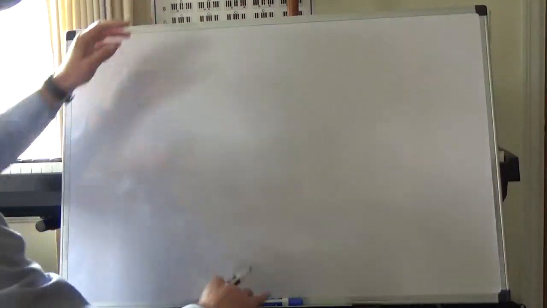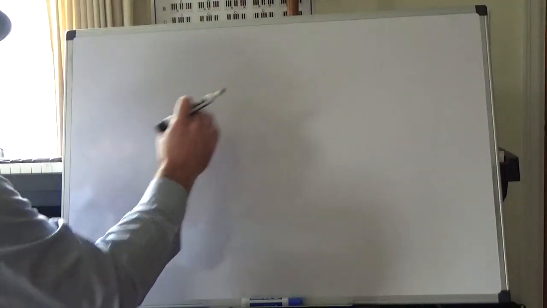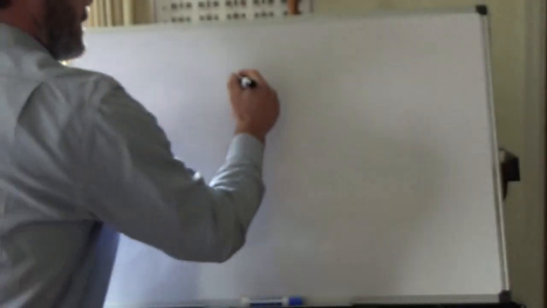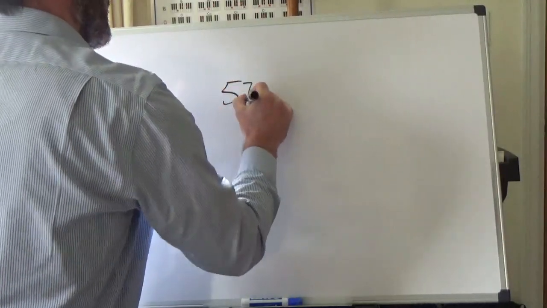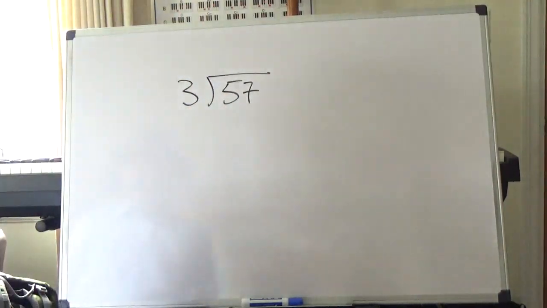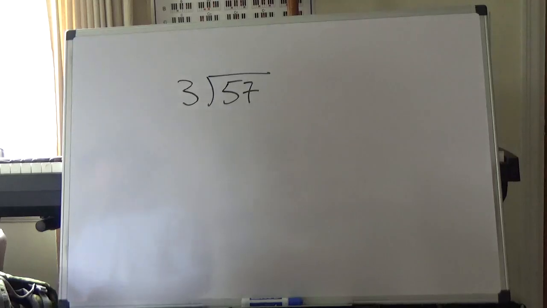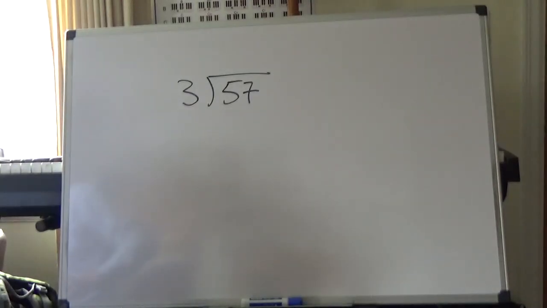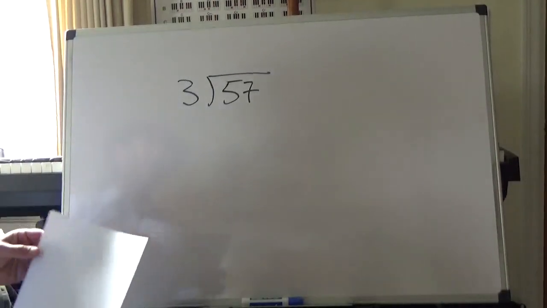Let's talk about division for a second, because there were some problems on, I think, the first week's homework. So we just did 7 divided by 2, ended up being 3 with a remainder of 1. Let's try something like 57 divided by 3. Okay. In class, we did index card division.